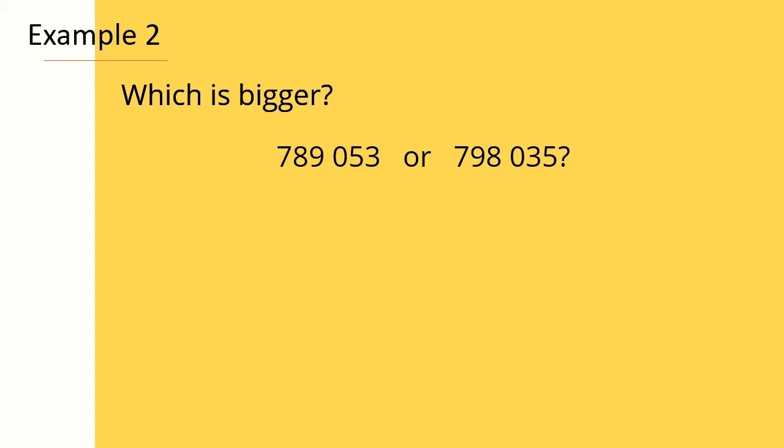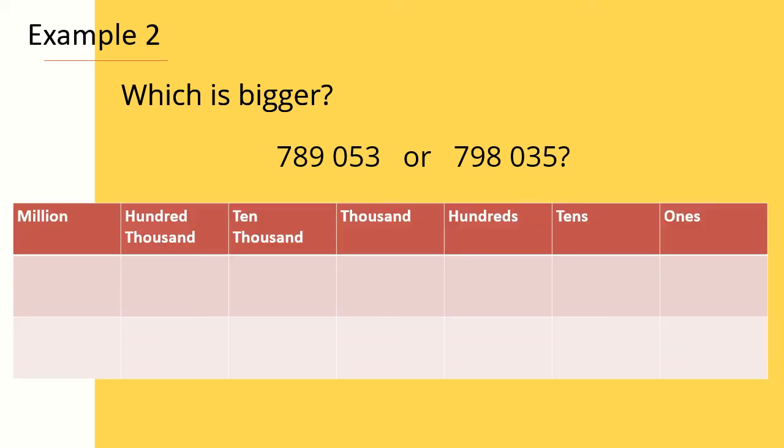789,053 or 798,035. Now, sometimes the question is meant to confuse you. So these two numbers, they look kind of similar, but they are not the same. So it helps if you have your place value chart at the ready and you start filling in the first number from the back.